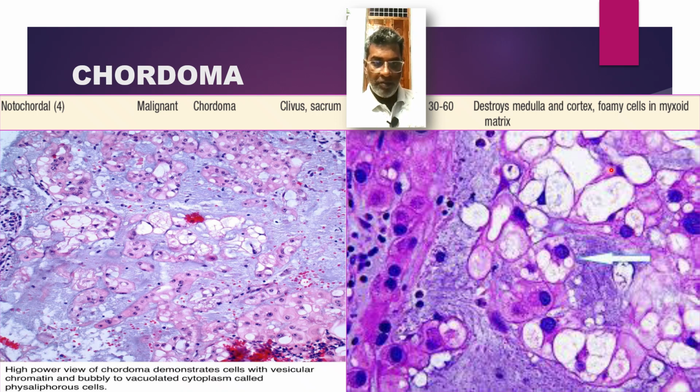This type of cytoplasm is called bubbly cytoplasm. And these cells are called physaliferous cells. So, physaliferous cells are cells with vesicular chromatin and bubbly to vacuolated cytoplasm, and they are characteristically seen in chordoma.